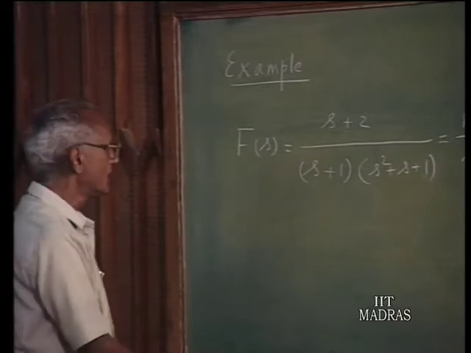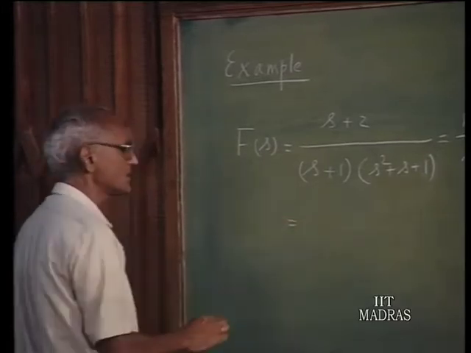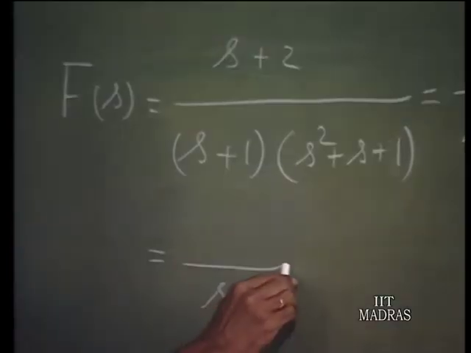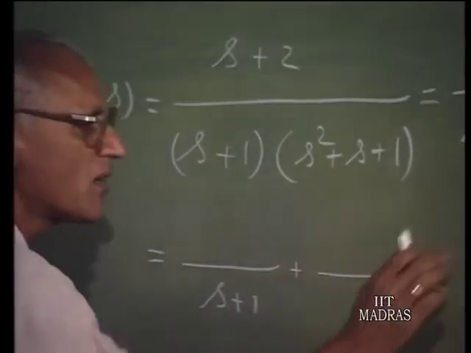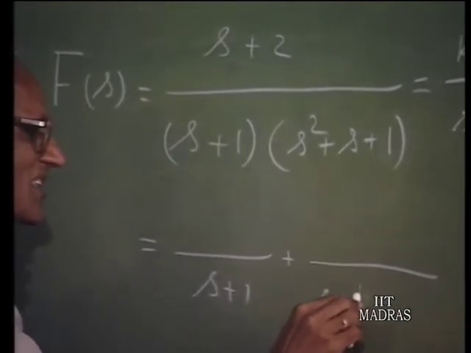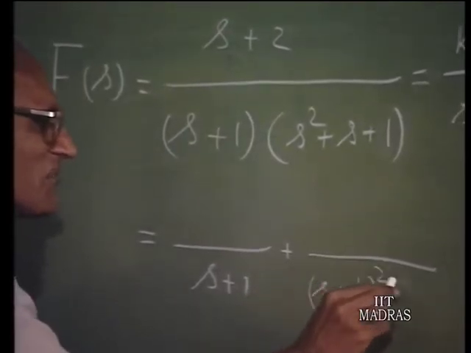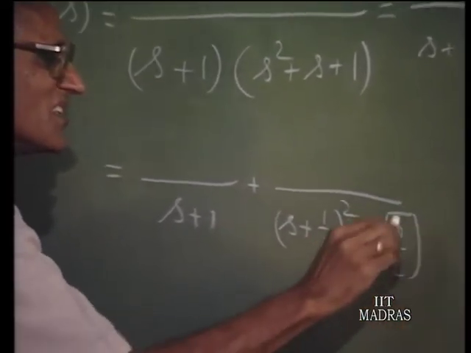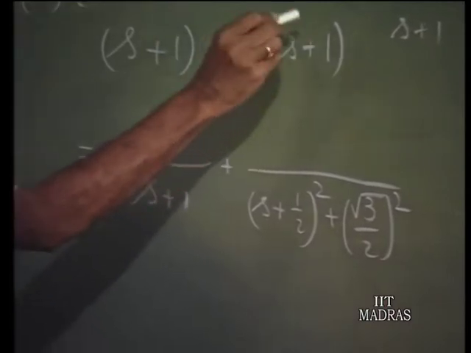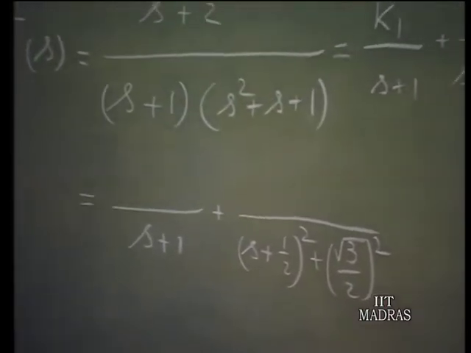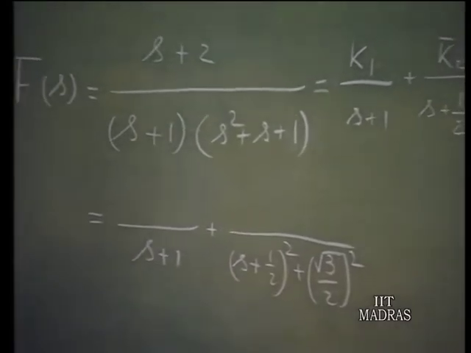So, let us write this partial fraction expansion as something over s plus 1 corresponding to k1, and the second term as the combination of these 2, which will be over s plus half whole squared plus root 3 upon 2 whole squared. If we express this quadratic factor in this form, it will be convenient because we can associate it with a well known time function, as we will see.